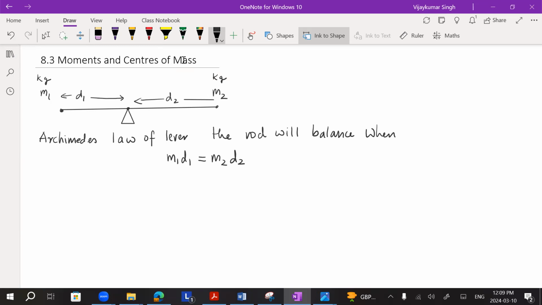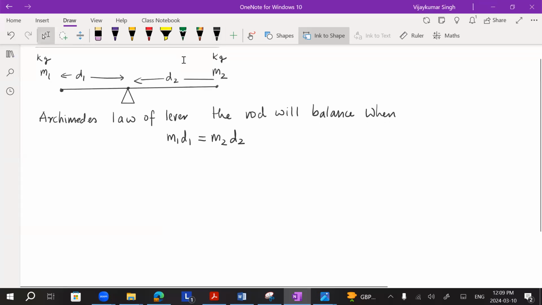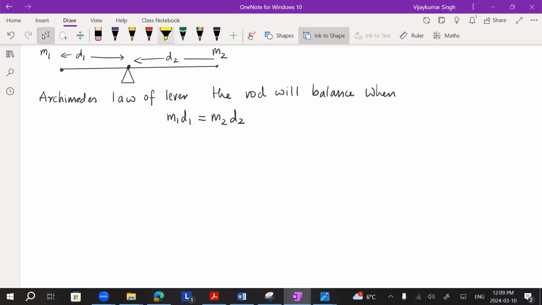So this is the point here. If m1 d1 equals m2 d2, then the rod balances. So let's try to see this again. What would be the coordinate of such a point where the rod balances?